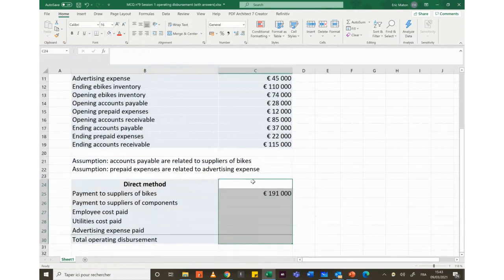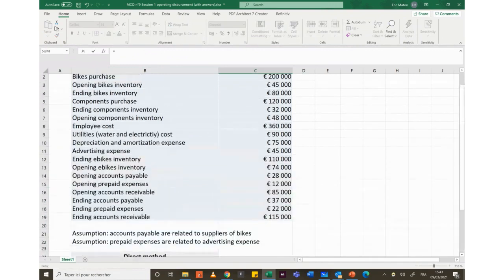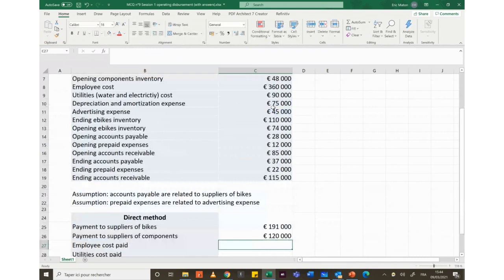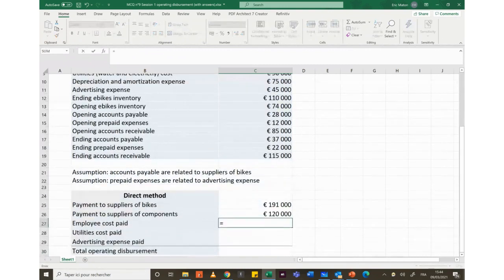Okay. Payment to suppliers of components. So I suppose is all cash paid. Okay. So here, components purchase is cash paid. So I put directly the value, 120,000. Employee cost paid, I suppose all is cash paid.